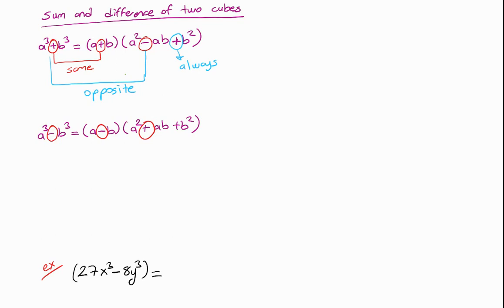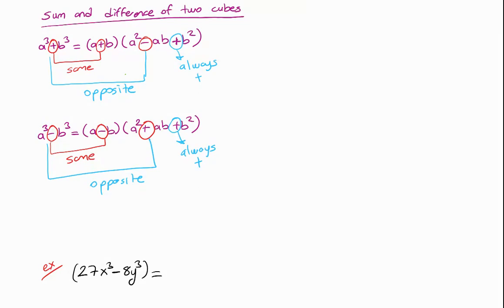And how about a cubed minus b cubed? Again, the first one will be the same, the second one opposite, and here always positive.